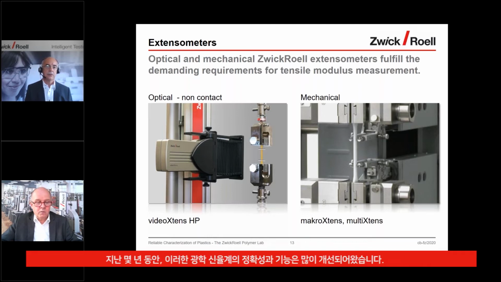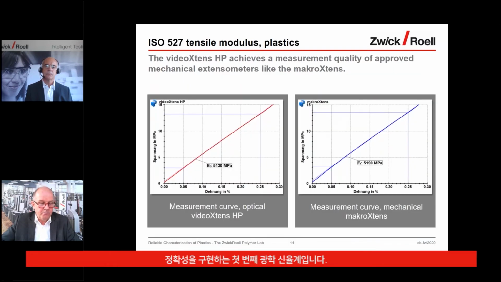Over the last years, the accuracy and functionality of these optical extensometers has improved a lot. So, for example, our latest VideoXtens HP is the first optical extensometer which achieves the same level of accuracy compared to the mechanical extensometers. So it fully conforms with the requirements for modulus measurement set by ISO 527.